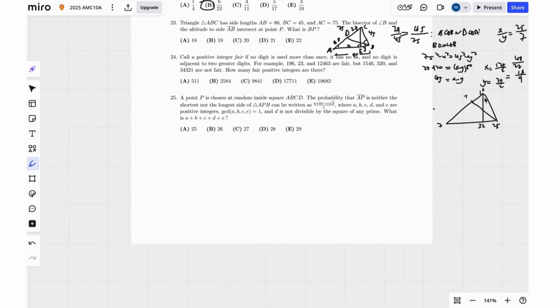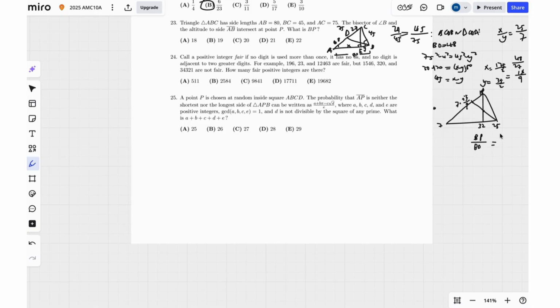Right. So that means that this point should receive a value of 7 times 25 over 9. And then this value doesn't really matter. So now we want BP. So we have BP over BD.